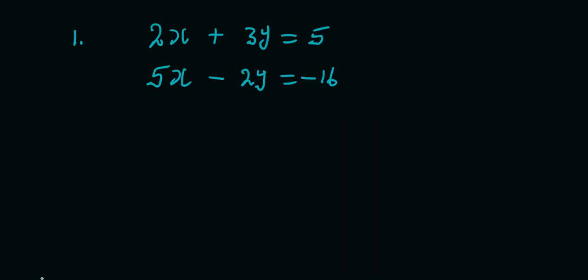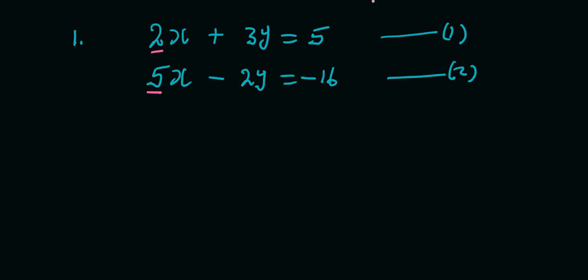All right, so now we have the first question. The first responsibility is to label the equations. Say this is equation 1 and this is equation 2. Next is to look at the coefficients of the variables. The coefficient of x in equation 1 is 2, and the coefficient of x in equation 2 is 5.